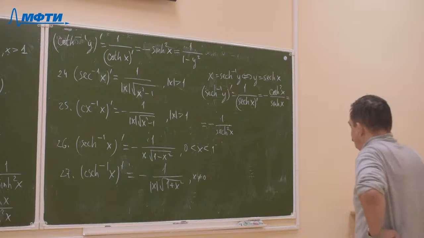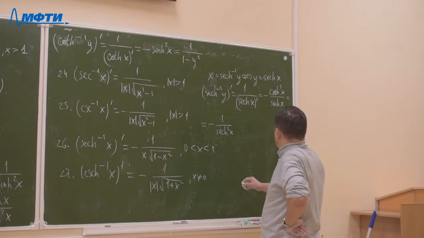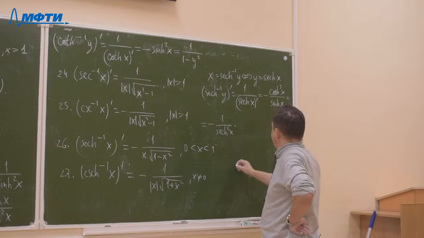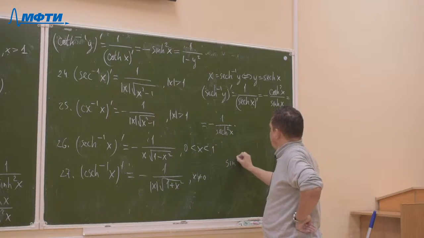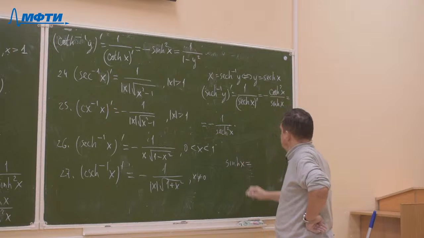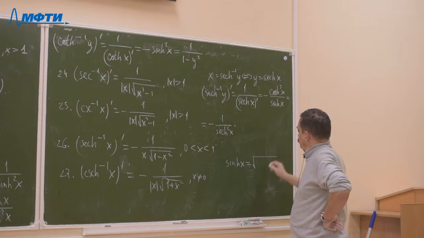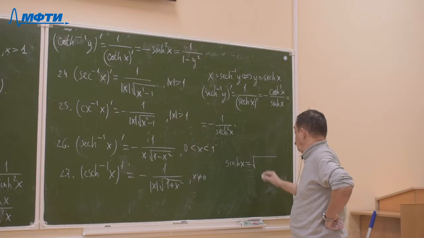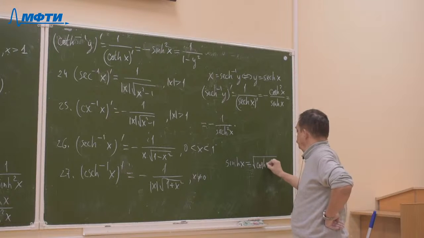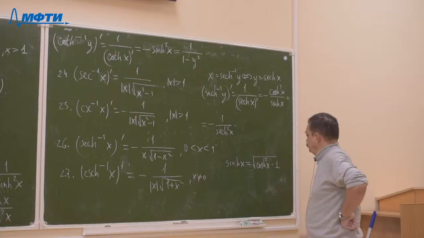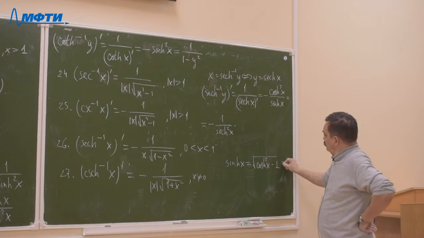Now, what is sine hyperbolic? Sine hyperbolic x is the square root of cosine hyperbolic squared minus 1.